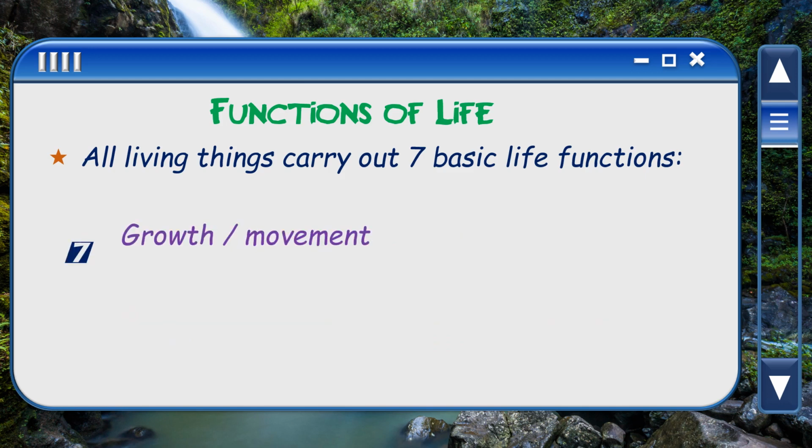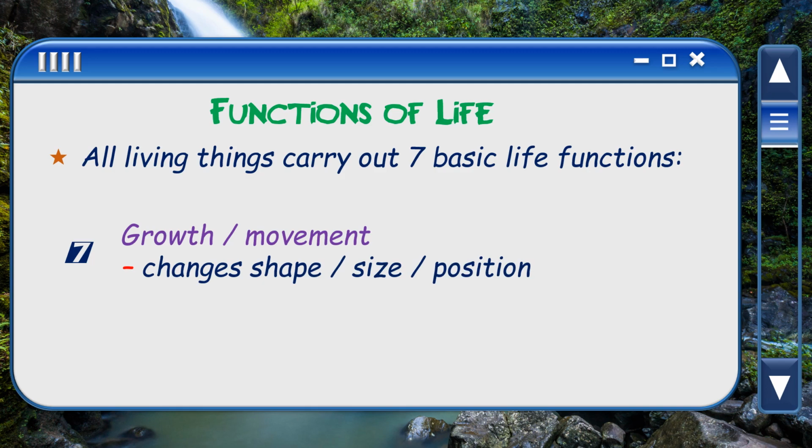Then the 7th basic life function is growth and movement. This is the change in shape, change in size, and change in position. Some organisms can move from one place to another, which we refer to as locomotion. But others change position by growth.